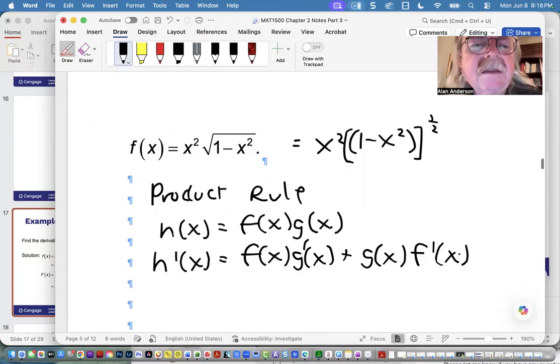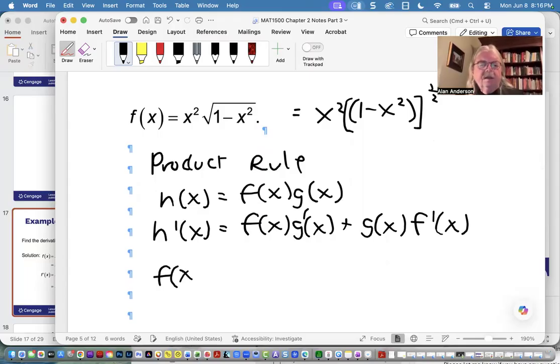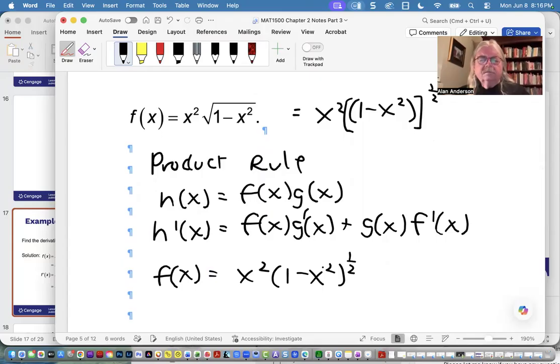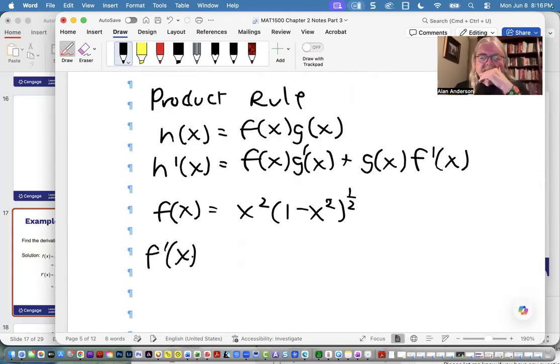All right, so the same thing is going to hold here. What they're going to do is this, say, listen, this is a product of two other functions. It doesn't really matter what we call them. But what we do need to know is the derivative of this first function and the second function. So we'll start with this one.